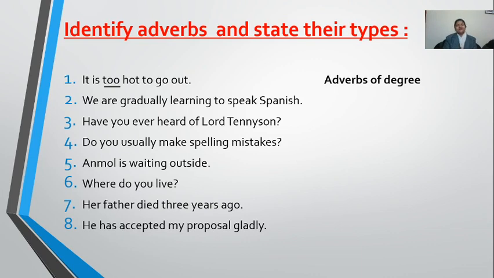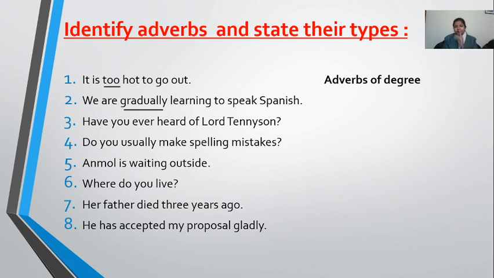Okay, now the second is: we are gradually learning to speak Spanish. Now find out the adverb. Yes, it is gradually. Gradually means slowly, slowly. So we are gradually learning. How are we learning?